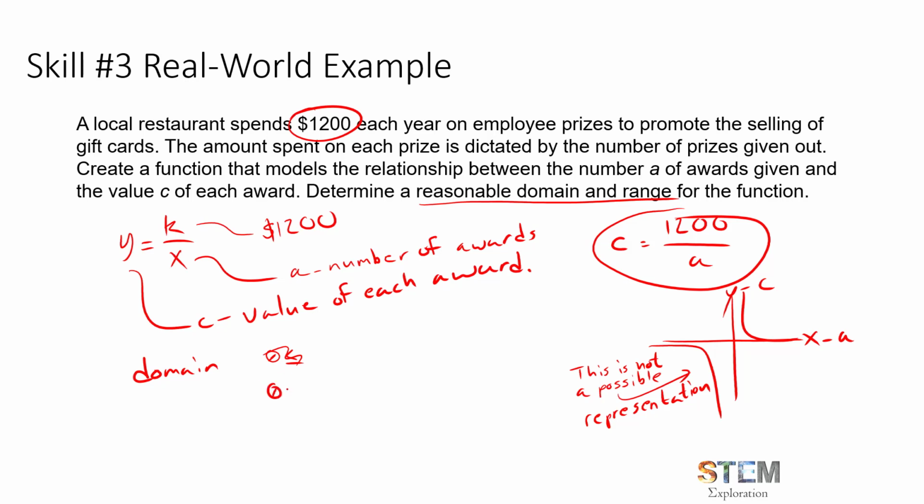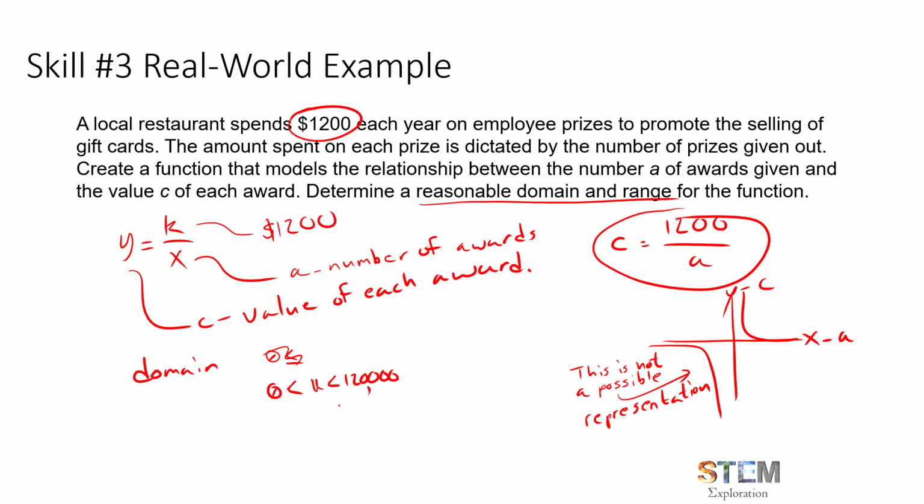Let's say greater than 0, and we could technically say infinity, but maybe we should say a prize has to be at least a penny. So let's say 120,000. So A has to be greater than 0, but less than 120,000.